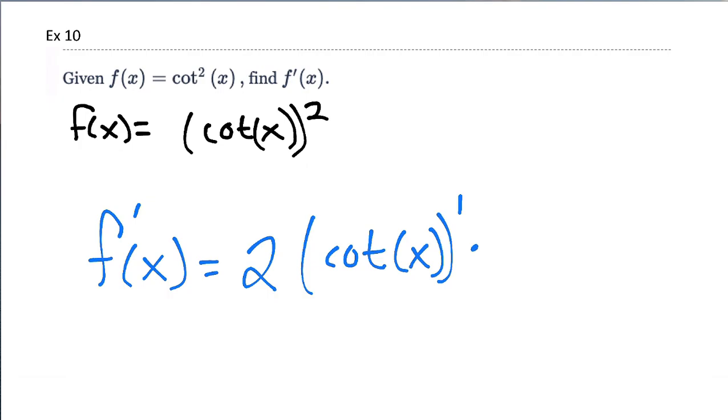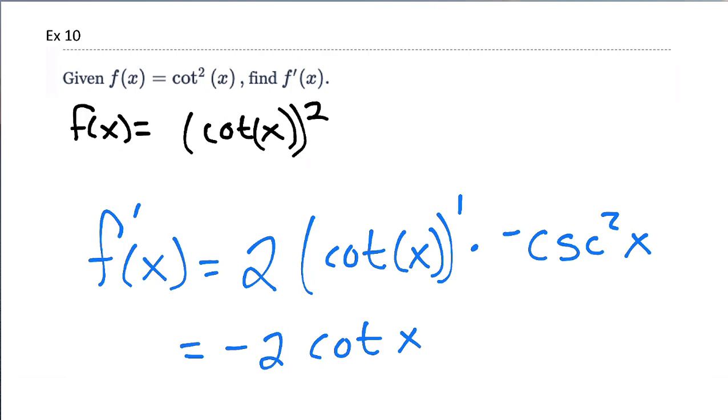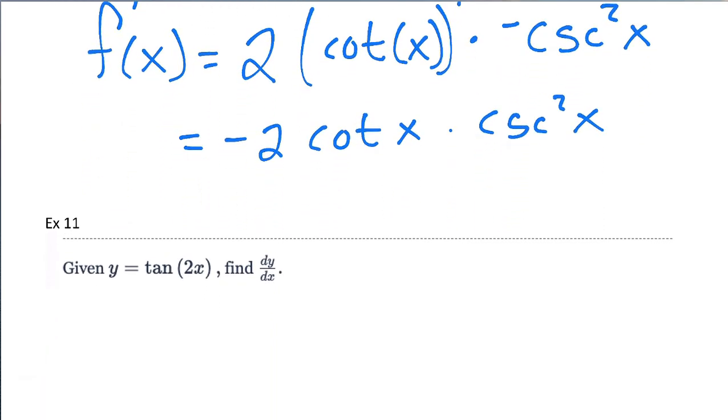If you go back up and look at what the derivative of the cotangent was, it was negative cosecant squared x. So maybe you'd write negative 2 cotangent x times cosecant squared x. Okay, 2 more examples and then we're done.